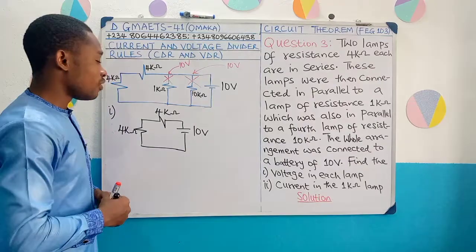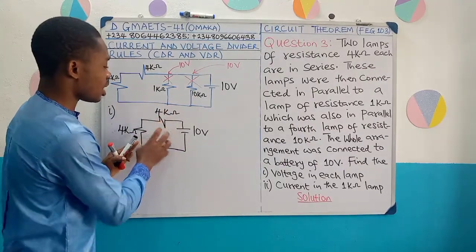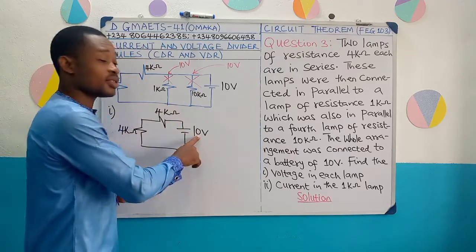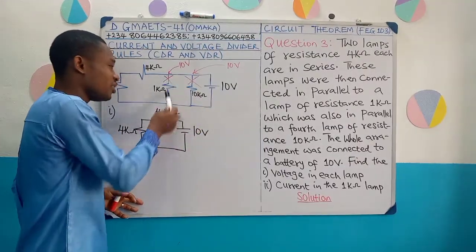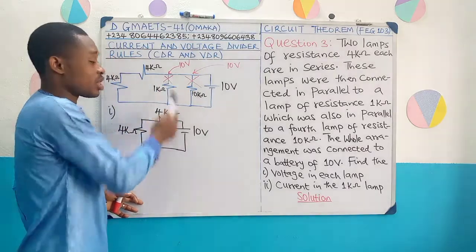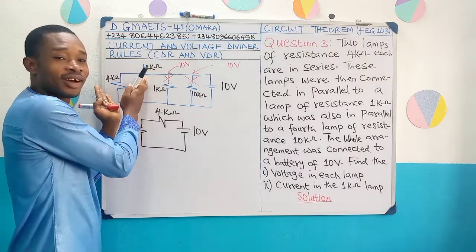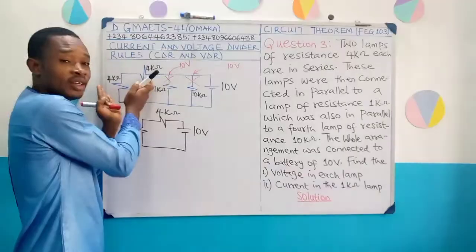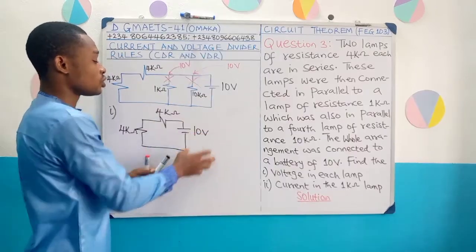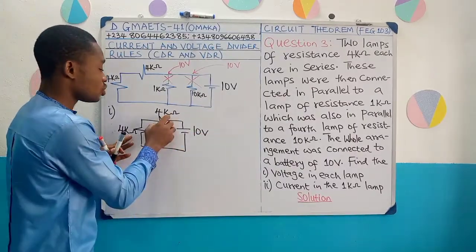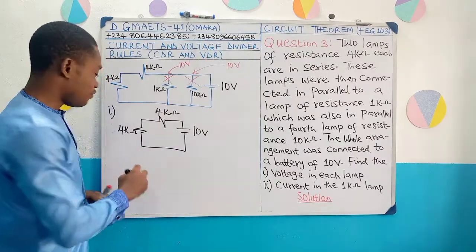We're going to use the voltage divider rule now to obtain the voltage in each of these resistance lamps. Take note why this is 10 volts. Up to this point, the voltage in this 1 kilo ohm resistance lamp is 10 volts, and that voltage now will supply the remaining resistance lamps here. So we're going to share that 10 volts to these 4 kilo ohm resistance lamps using our VDR.